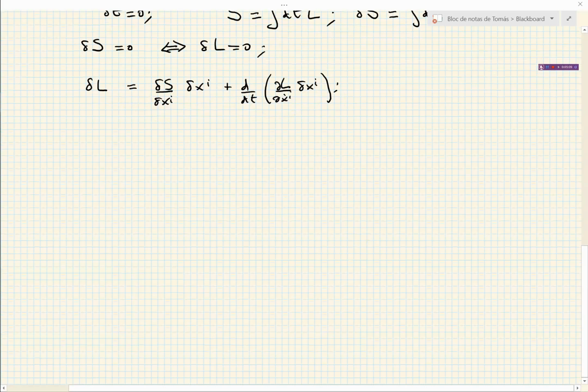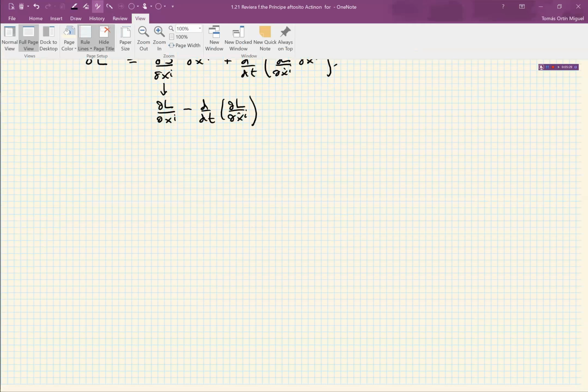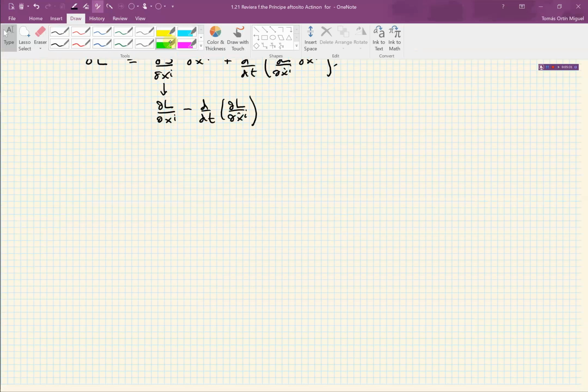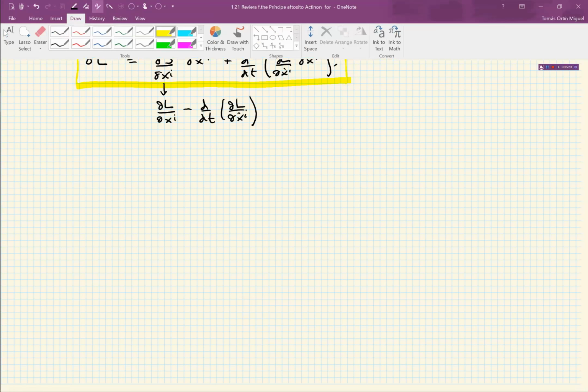Before this, remember that delta S over delta xi is just the Euler-Lagrange operator. So these equal to 0 are the equations of motion. This is an important relation that we must remember. So let me frame it, because we may need it later.